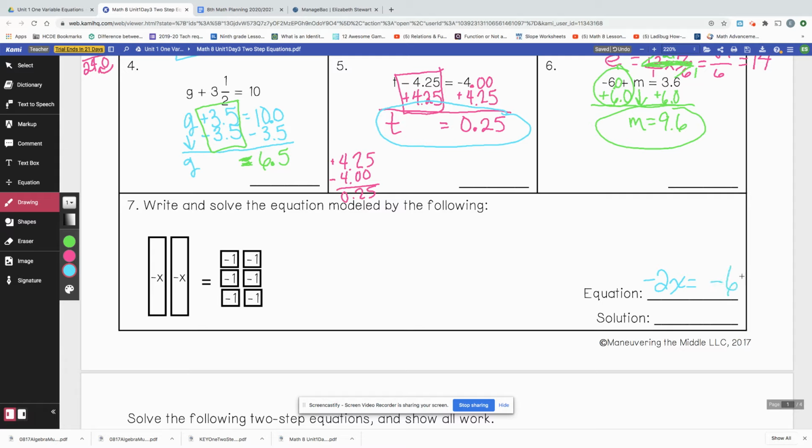So negative 6. That's how I transfer or translate these algebra tiles model to an equation. So now I'm ready to do multiplicative inverse. Got to undo that multiplication with division. And I have x is equal to positive 3.